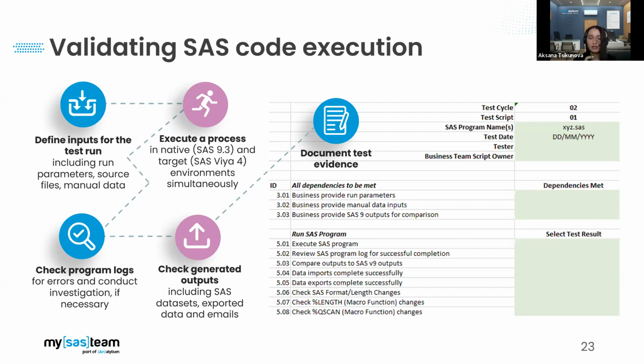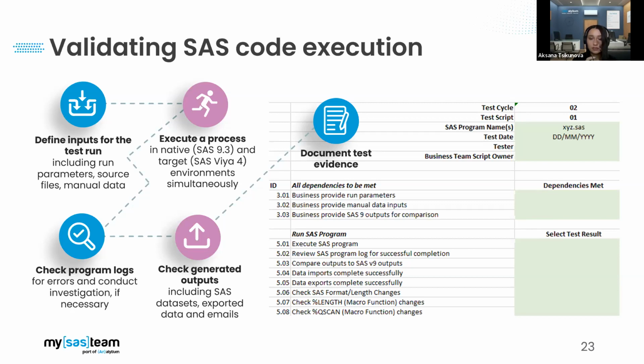Sometimes productiveness should be increased, and there can be some parameters of the SAS Cloud that need to be adjusted. And the last step is to actually check generated outputs. We're not yet talking about the automated comparison, but we just need to make sure that all of the outputs have been saved in the target location, or the emails have been safely sent.